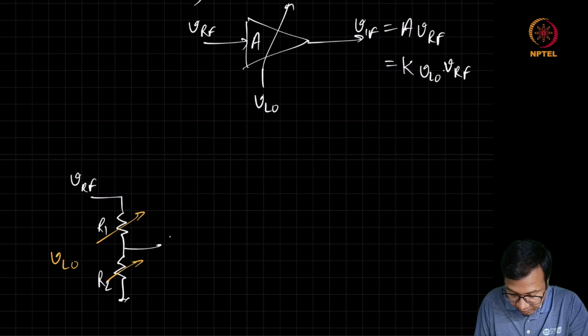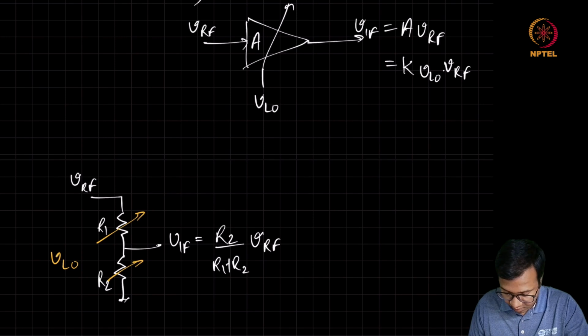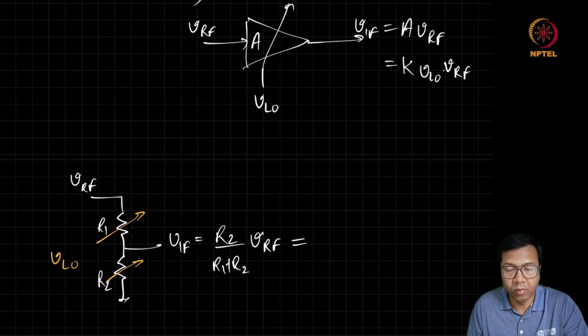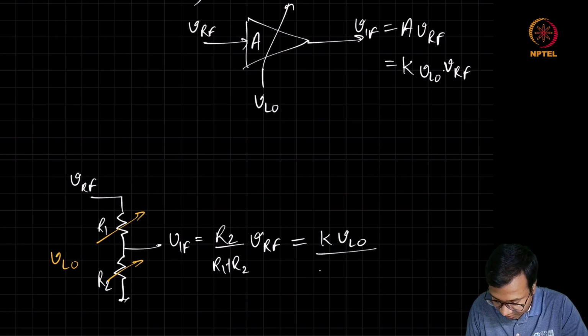So this VIF, which is R2 by R1 plus R2 into VRF, can give rise to the product of VLO and VRF. For that to happen, we can make sure this R2 is a linear function of VLO and this R1 plus R2 is some constant which doesn't change.